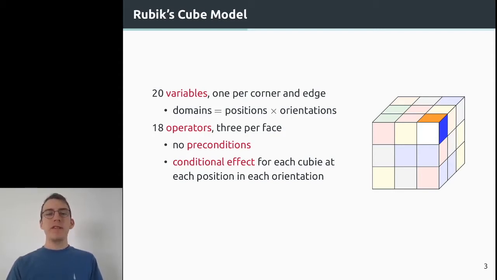The effects of these operators are conditional, and what they say is, for each cubie at each possible position and in each of its possible orientations, how it changes when this operator is applied. Overall, Rubik's Cube has a set of 4.3 times 10 to the power of 19 reachable states.